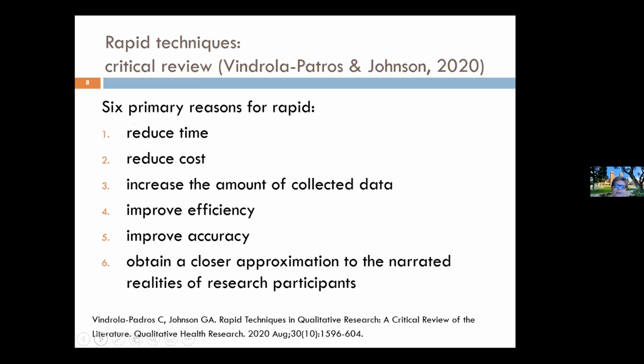To reduce time, of course, always going to be number 1, to reduce cost, to increase the amount of collected data, to improve efficiency and accuracy, and to obtain a closer approximation to the narrated realities of research participants. So some overlap with those rationales that I was giving previously. Some really interesting paper if you want an overview of kind of where we're at with rapid techniques in qualitative research.